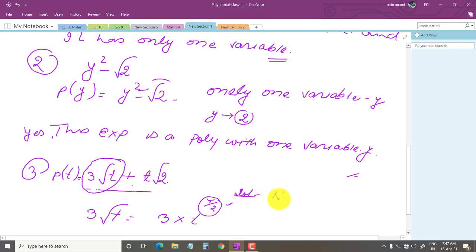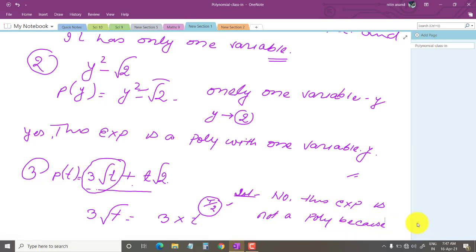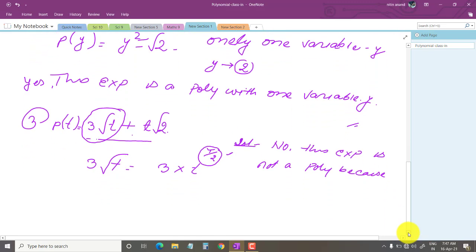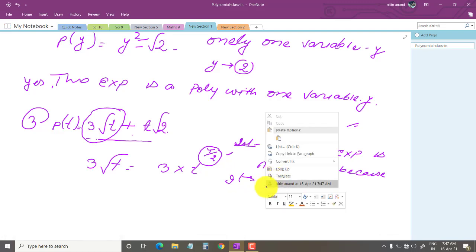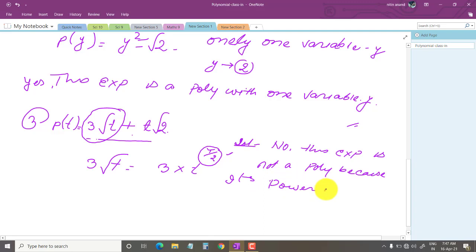We will write: no, this expression is not a polynomial because the power of the first term is not an integer.